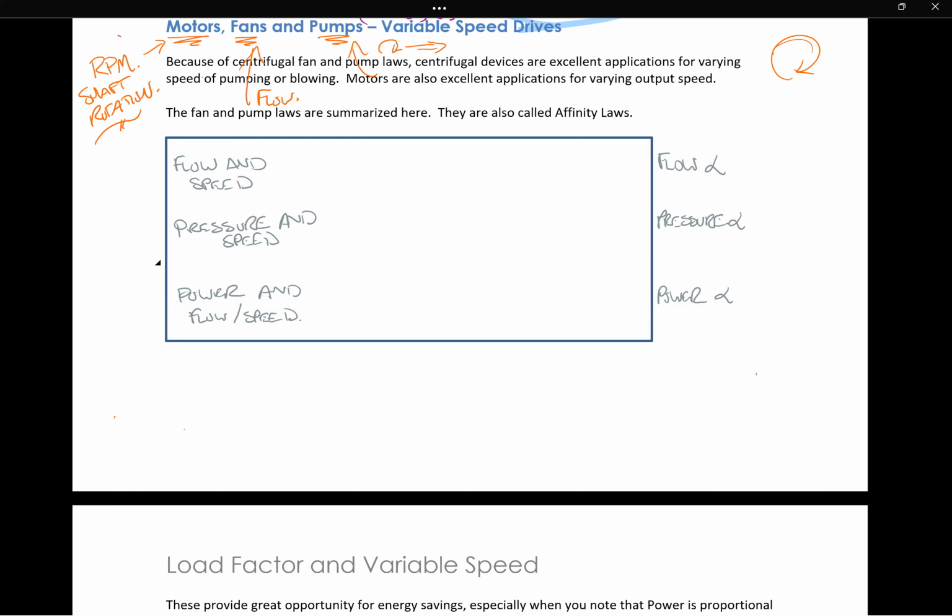So let's say we're paying for some rotational input here, and we're getting some flow out. And again, flow is liters per second, or meters cubed per second.